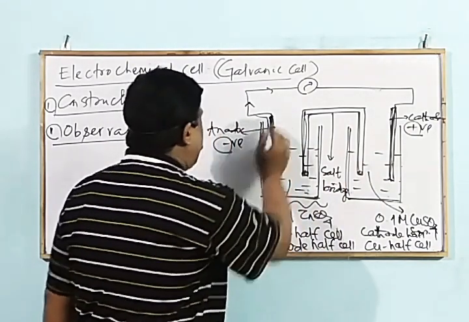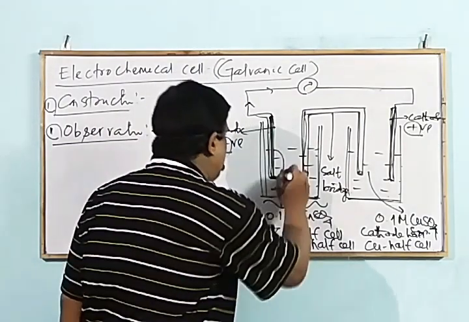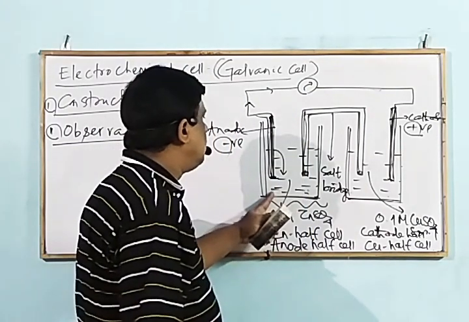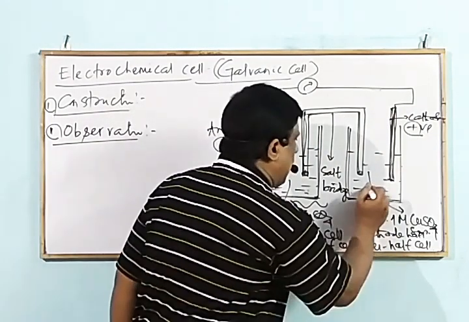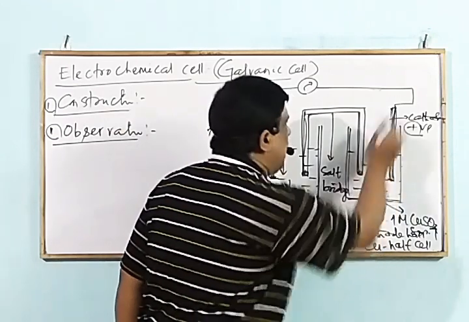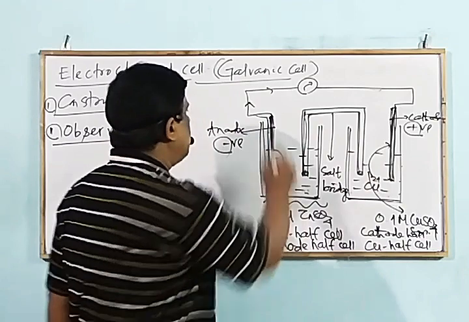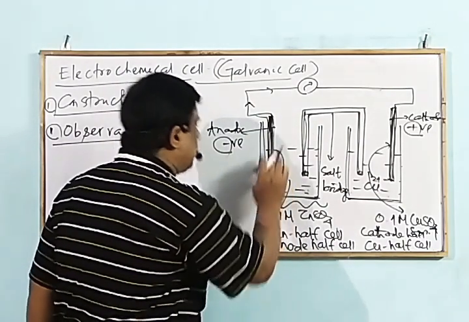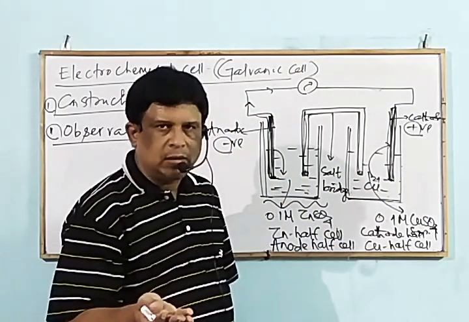the zinc becomes zinc ion. So zinc ion moves into the electrolyte, and this electron is taken up by copper ion, this is Cu2 plus ion, and by taking this electron it moves there, as a result of which the weight of the zinc rod gradually decreases and the weight of the copper rod gradually increases.